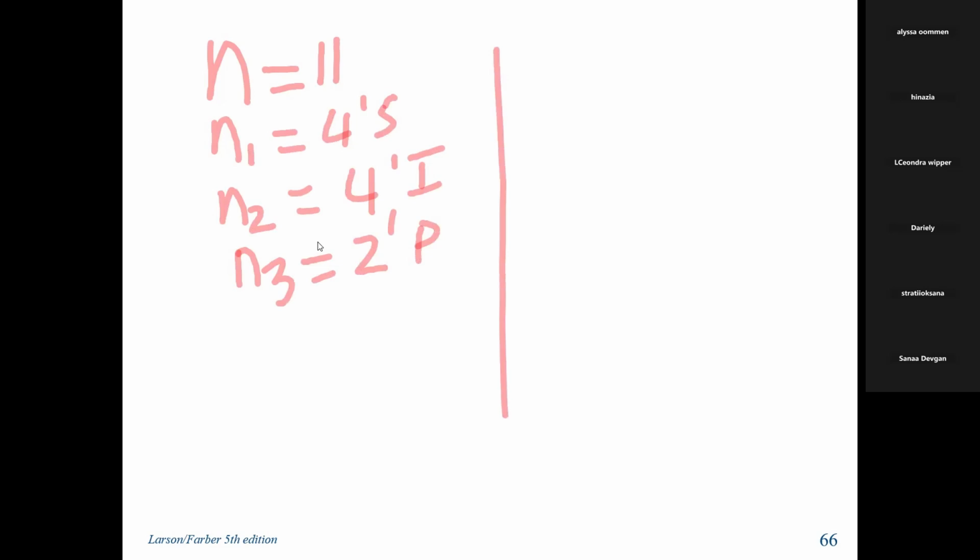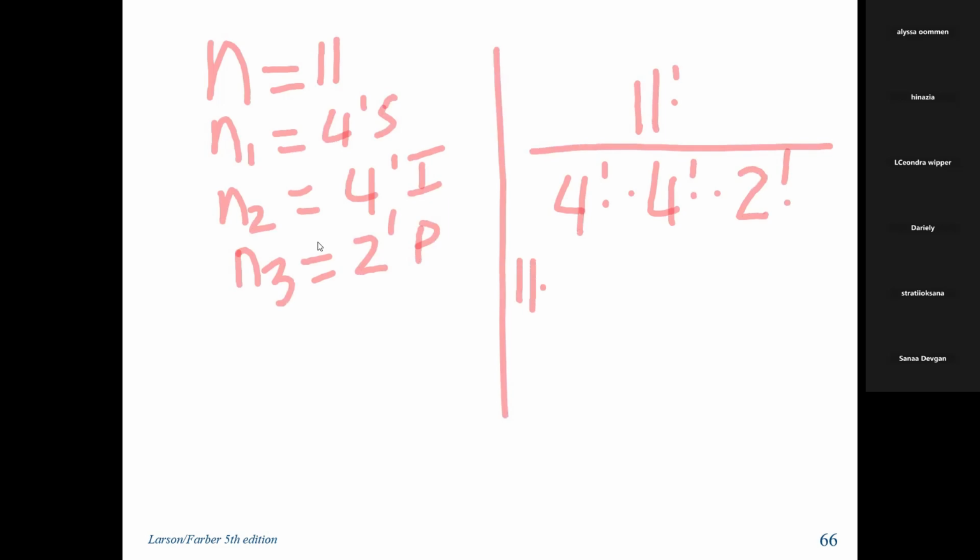So that gives you 11 factorial over 4 factorial times 4 factorial times 2 factorial. So 11 times 10 times 9 times 8 times 7 times 6 times 5 times 4.